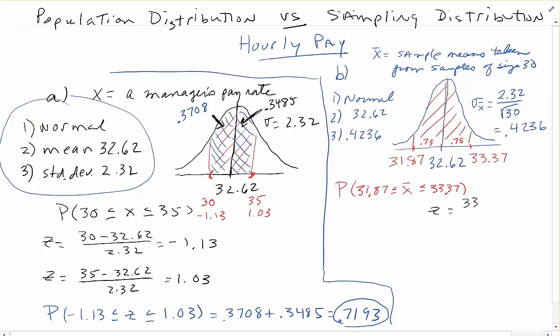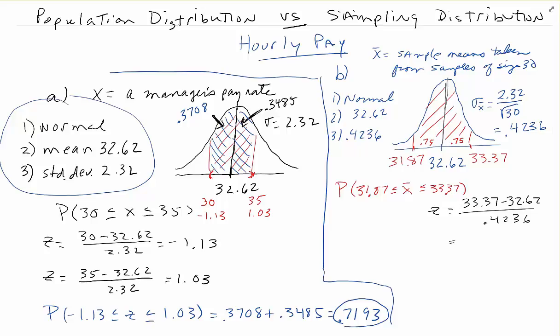So let's find the z-score of 33.37. Of course, the difference there is just 75 cents, divided by the 0.4236, equals 1.77. So the z-score for the 31.87 is a negative 1.77, and the 33.37 is a positive 1.77.